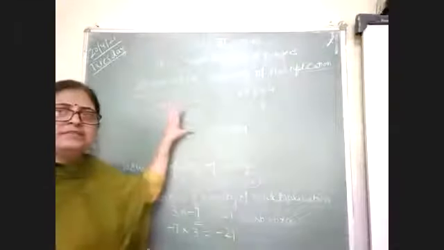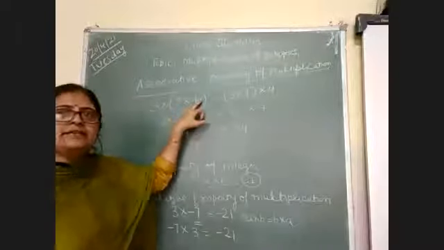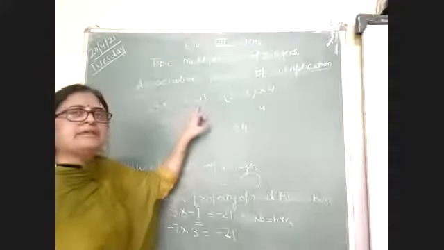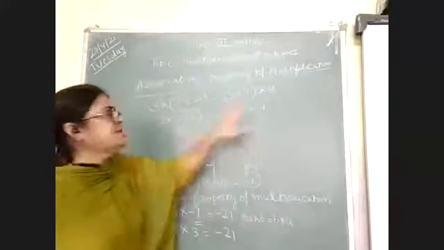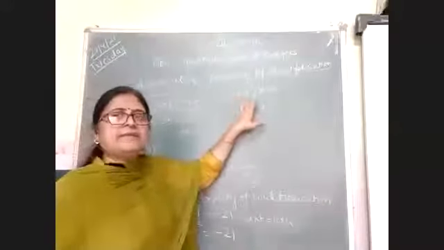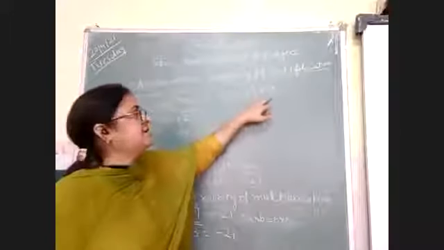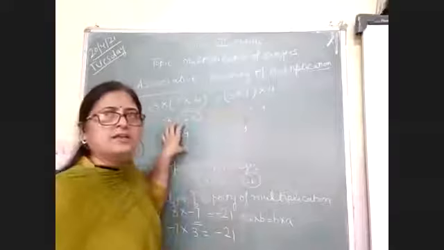So it means the result is A, B, C. 3 integers are given. So first we will multiply B multiply by C and then multiply by A. Otherwise, when A multiply by B and then the multiplication comes and then multiplied by C, both the results are same.